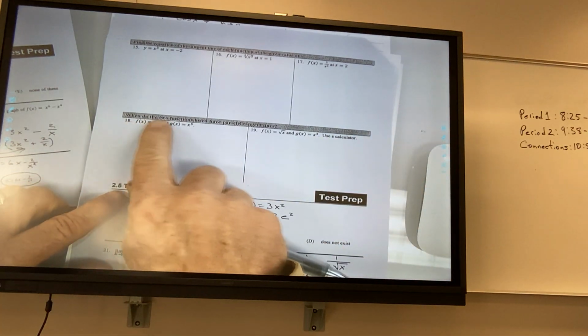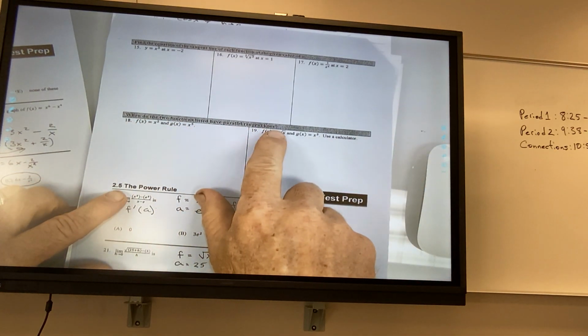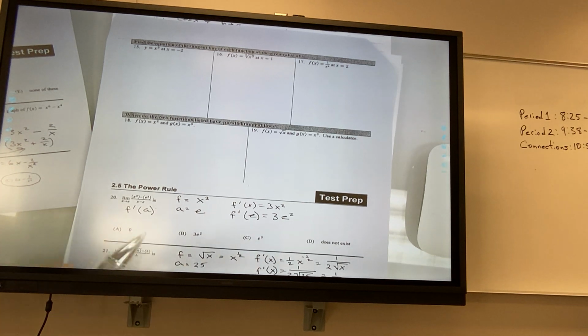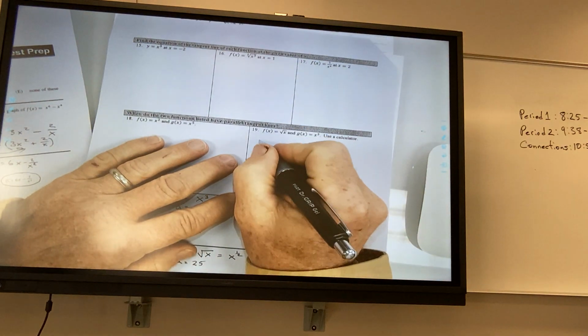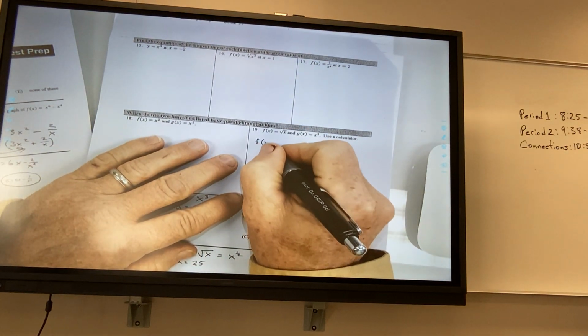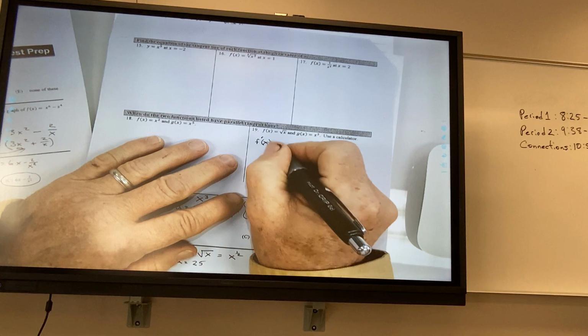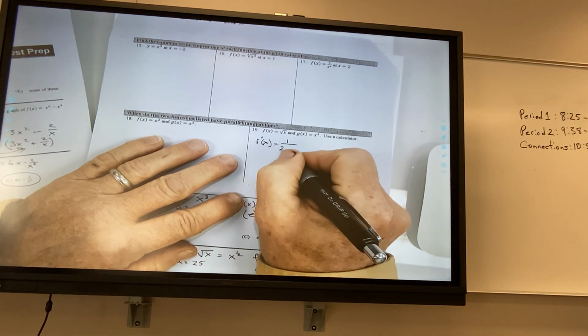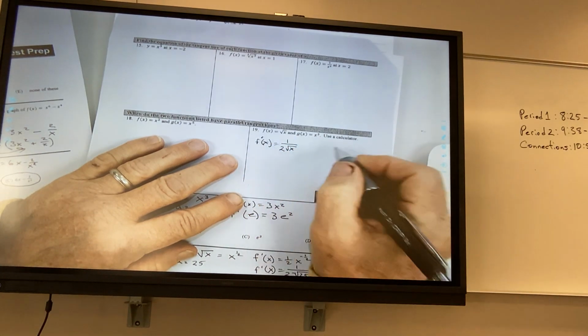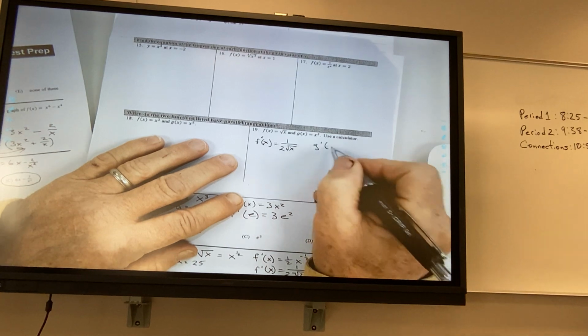It says, when do the two functions have parallel tangent lines? So you have to take the derivative of both of them, right? Because those give you the slopes of the tangent lines. Okay, since Ella did this one for us already, I'm just going to write this. You should be okay that that's this. And you should be okay that that's this.